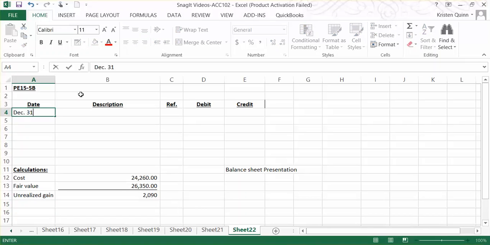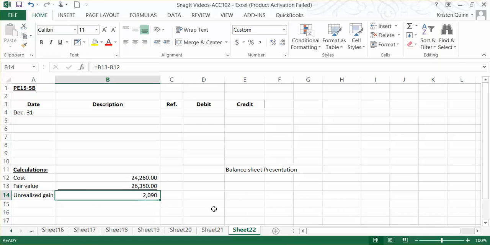So on December 31st, we need to do an adjusting entry using our valuation allowance account. Our valuation allowance account can either be a contra asset or an adjunct asset account. In this case, we would like it to be an adjunct asset account because we want it to add $2,090 in value to the cost of our investment to arrive at our fair value.